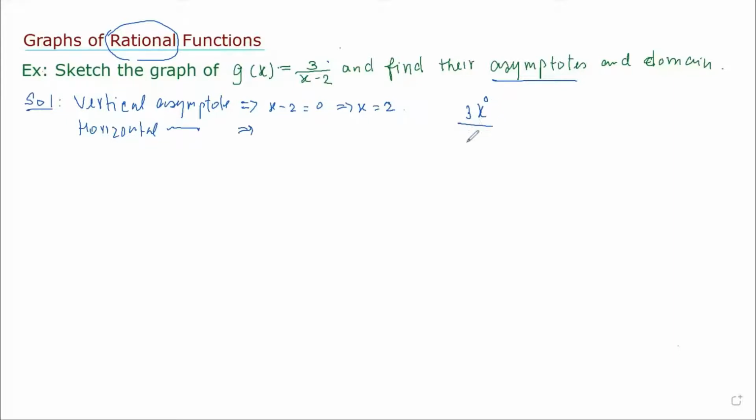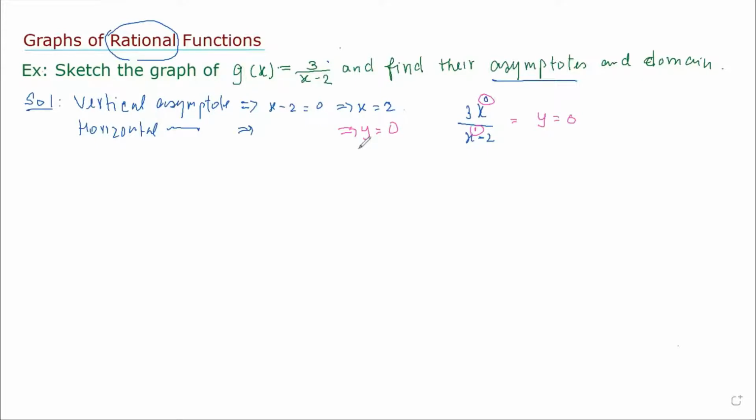And the bottom, we have x minus 2, which is power 1. If the degree of the top is less than the bottom, then the horizontal asymptote is y equal to 0. So here we got the horizontal asymptote, y equal to 0.